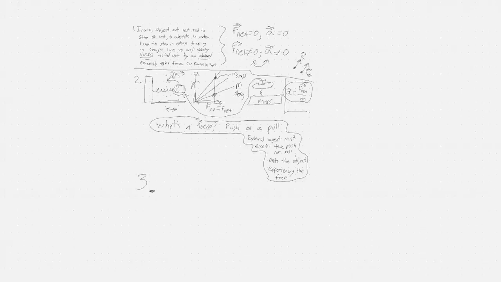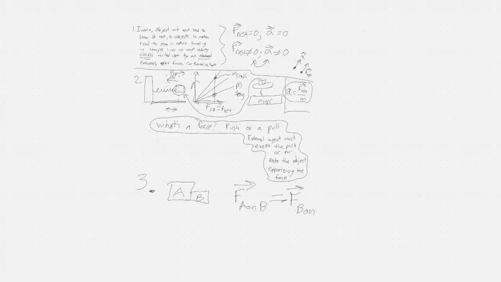So you always need two things to have a force ever, one applying it, one experiencing it. And what this third law says is if object A applies a force on B, then necessarily object B will apply the same force back on A, but in the opposite direction.